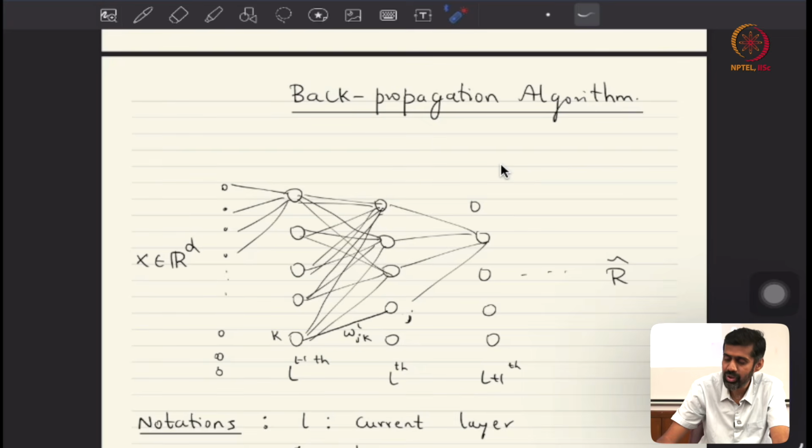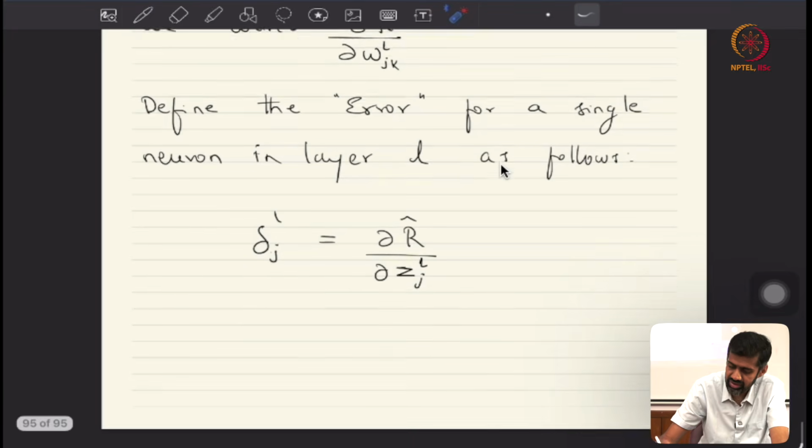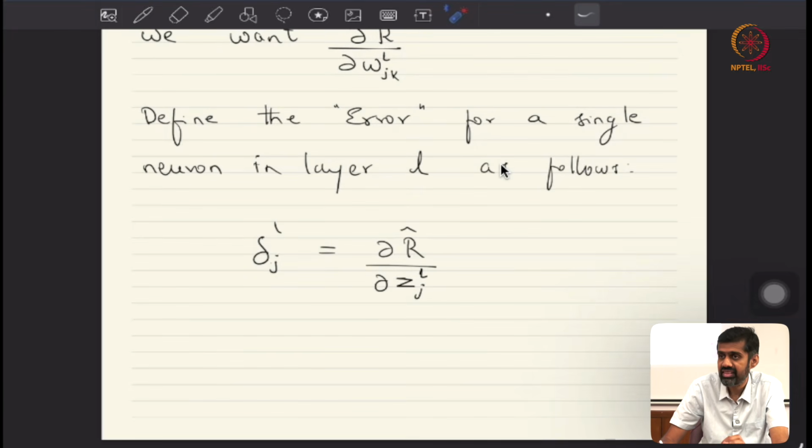If you have a composite function, if you want to take the derivative of the outermost function with respect to a variable that is inside the composition, then you traverse the entire path back, that's the whole idea. So to do that, we will have to come back, that's why the name back, we will see the algebra very nicely. So we start to take the derivative of the loss function or the empirical risk with respect to the pre-activation, which is Z. Okay, then we use this to compute the derivative with respect to the layer before it and so on till we reach that Wj, that is the idea.